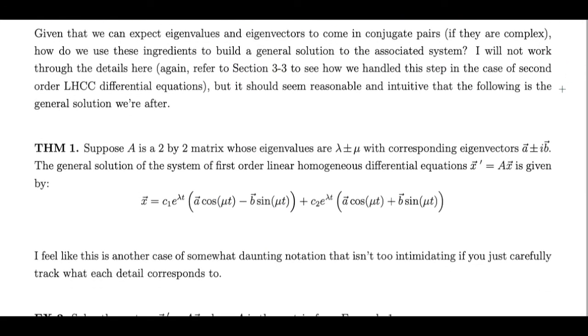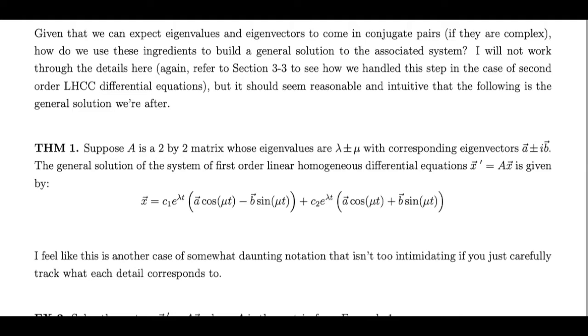In this first paragraph, I just remind you again to take a look back at section 3.3 to see how we used complex exponential functions to build real-valued solutions, a real-valued general solution. Similar techniques are used in this case, but I haven't worked or shown all of the details here. What I've done instead in Theorem 1 is I've gone directly to the form of the general solution.